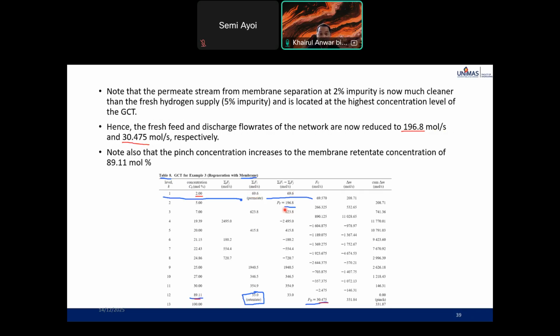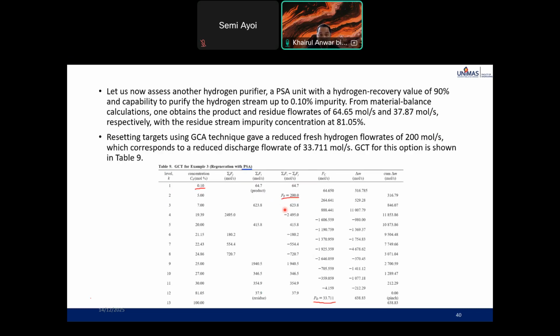If we use PSA, pressure swing adsorption, it is more expensive compared to membrane separation because it requires at least three adsorbers.